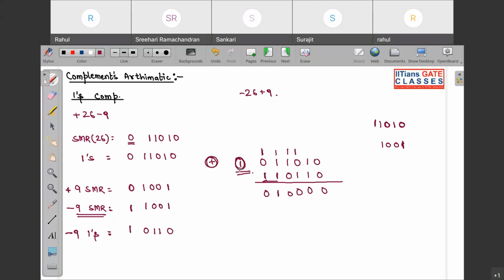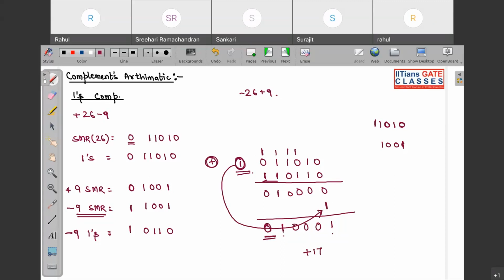But in ones complement, remember this. Whenever in ones complement you get a carry while doing your arithmetic process, you need to add this. Okay. So add this over here. So what you will get? 1 0 0 0 1 0. So now solve this. This is what? This is 16 and 1. And over here this is 0.